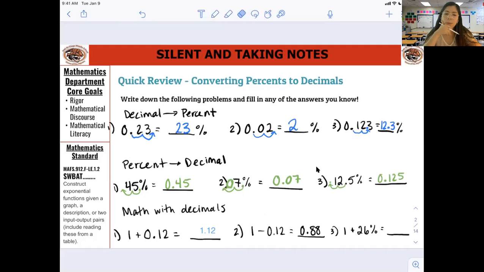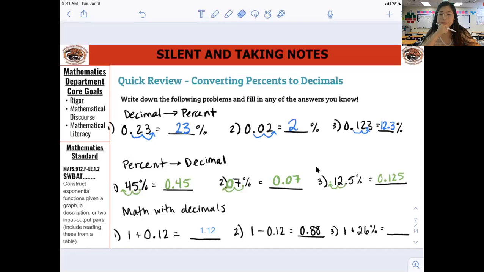Now, what about this last one? 1 plus 26%. Can I just add a percentage like that? No, you're going to have to do what Miss Sneed does. She puts the percentage on the top. May I please annotate? You may, but I'm going to make your life 10,000 times easier.